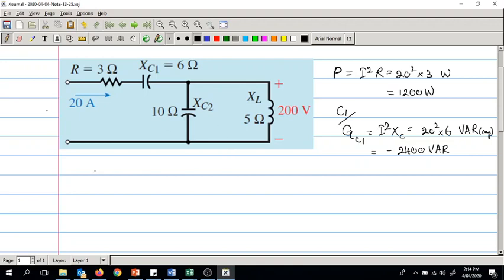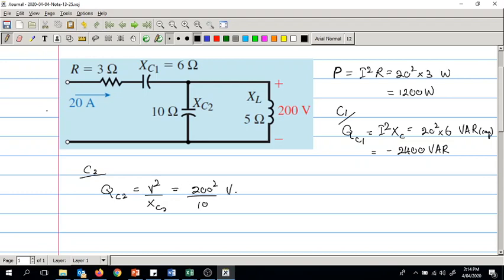Now for C2, it is QC2. Because we know the voltage across these two, we can use V squared over XC2, right? So V squared is 200 squared divided by XC, which is 10.